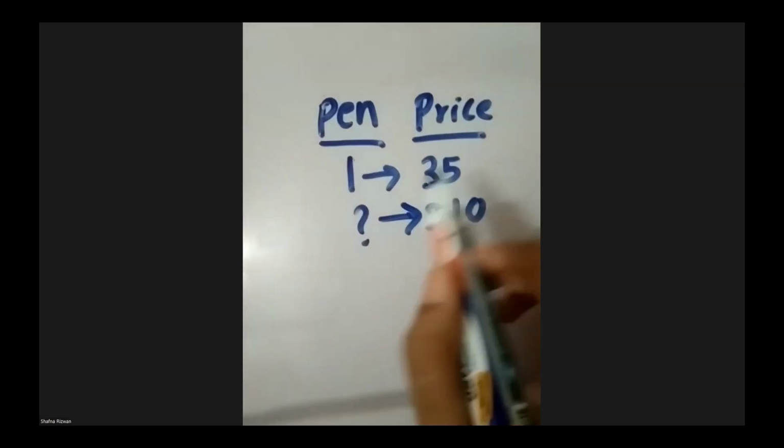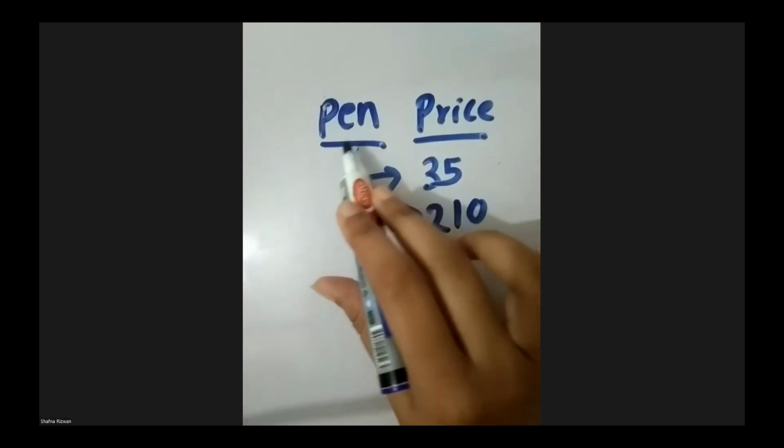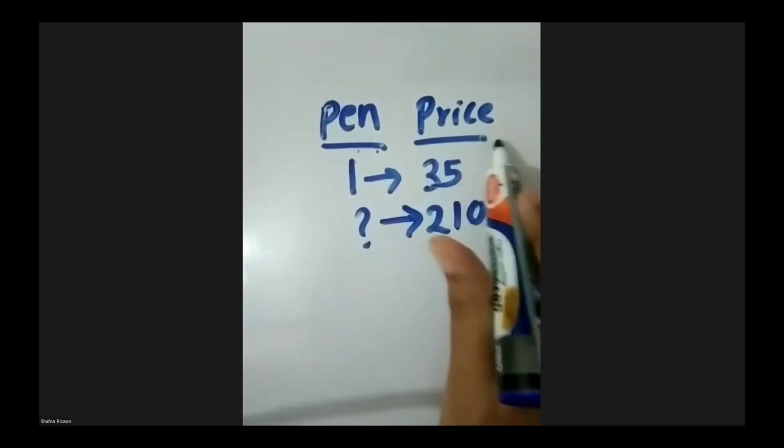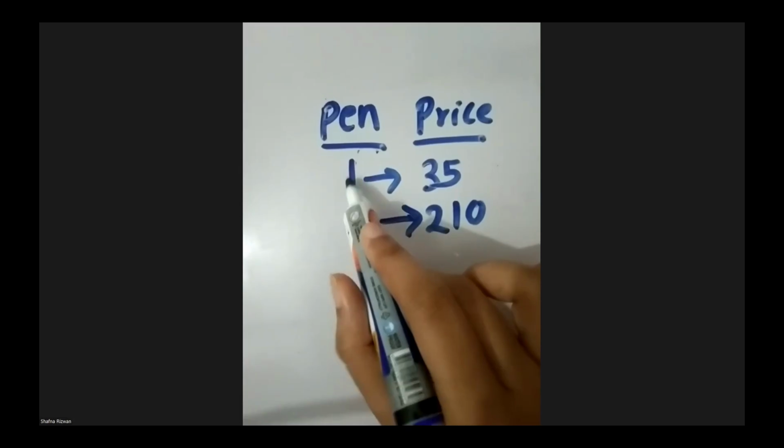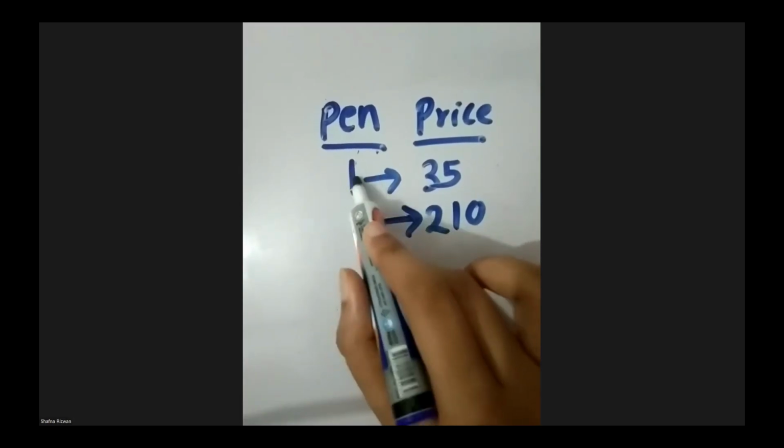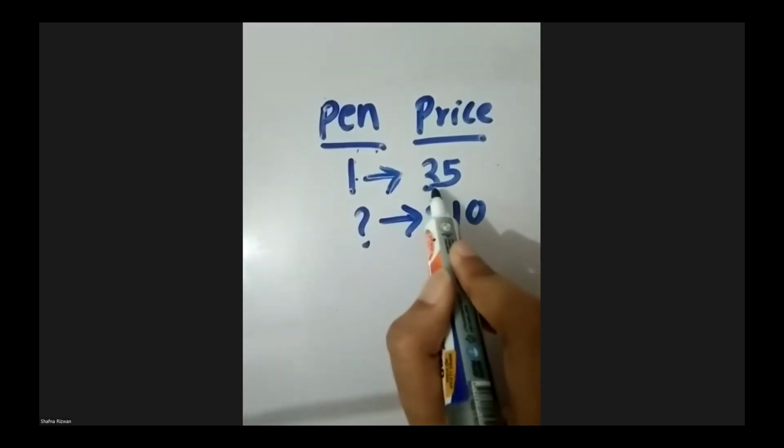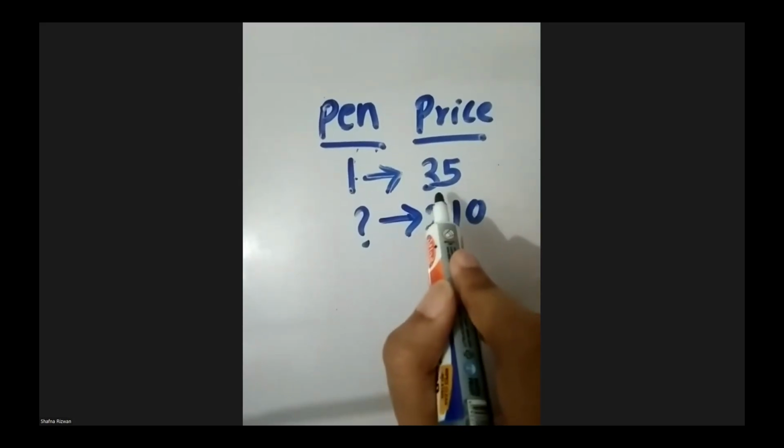First of all, always write the pen and the price here. What is the pen they have given you here? That is one pen. At how much do they buy it? At 35 rupees. You will write it here.